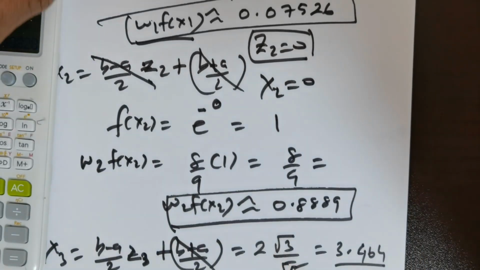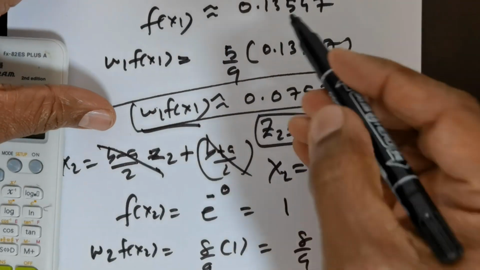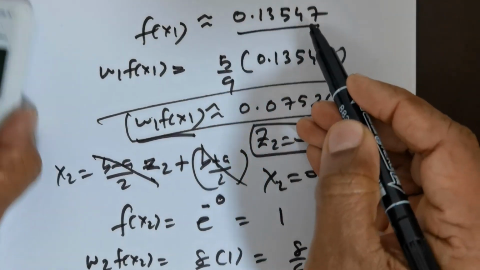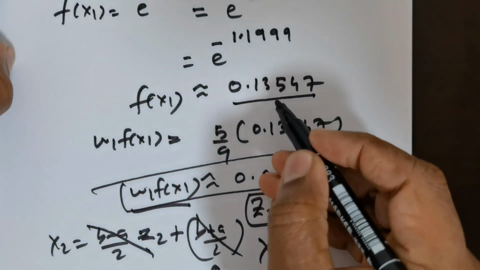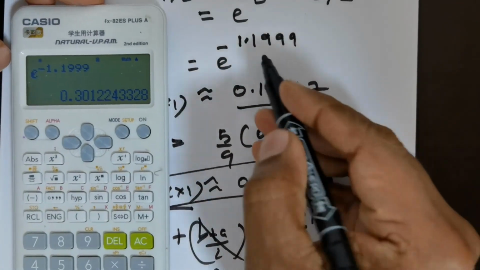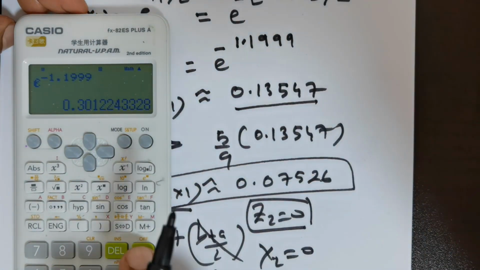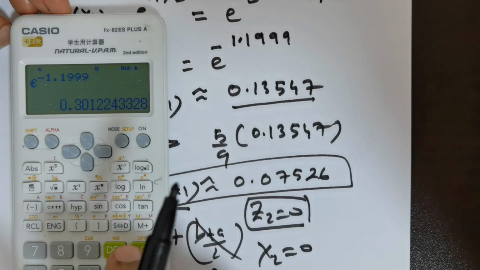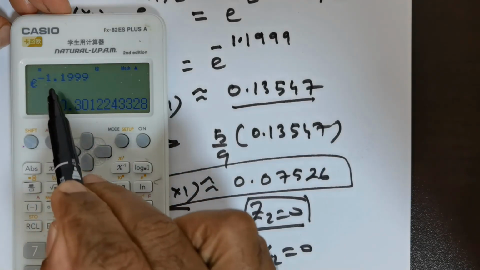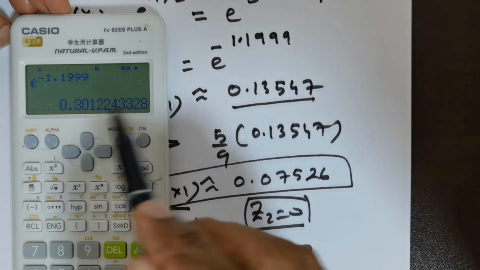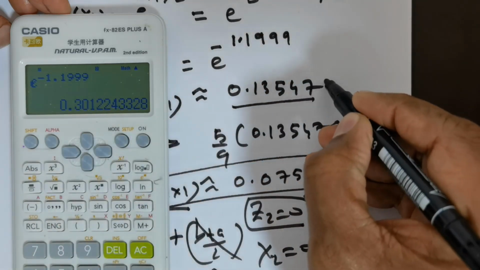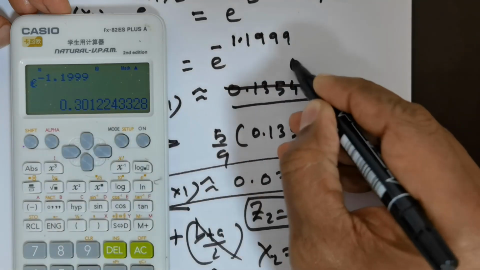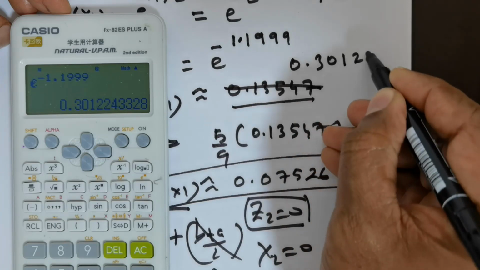Now a small element of correction. I was suspecting this value to have some inadequacies. The reason being, I think I missed this one out because I did not use that one. You see that e raised to the power of negative 1.1999 is giving me a value of 0.30122.